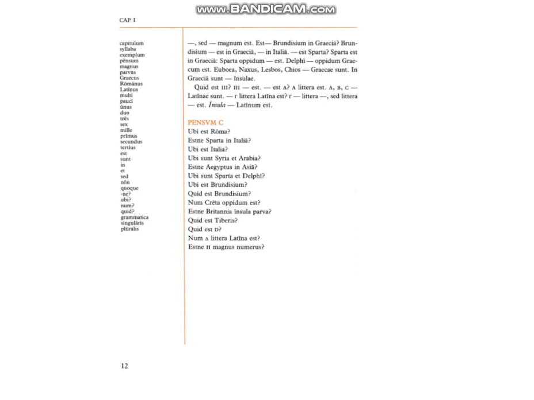Then, after we read the chapter, we're going immediately to the end of the chapter to Pensum C. So you can see on page 12 you have Pensum C with all these different questions that are being asked in Latin. The way you are supposed to answer them is also in Latin. So here, Ubi est Roma? Roma in Italia est.